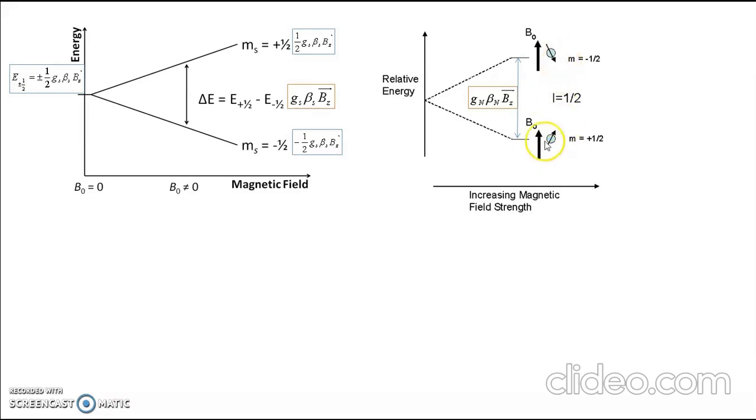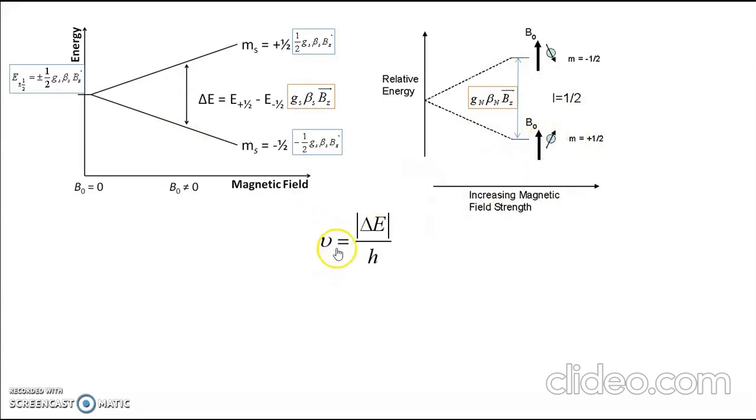The spin flips, there is a transition from the downward state to the upward state, when the energy of the photon, the electromagnetic wave, is exactly equal to the energy gap, delta E, between the two levels. That is h nu.